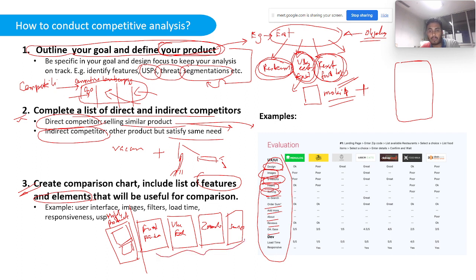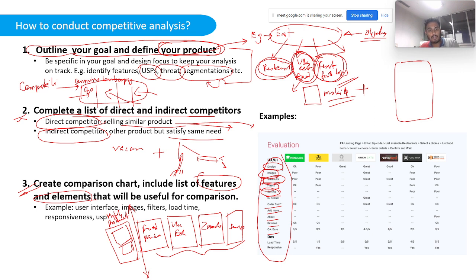Like that, you first select a set of features which you will be using for competitive analysis. Now, here I would like to say that benchmarking is one particular aspect of competitive analysis which we do when we try to compare our product with the competitive product, or we try to compare a previous version of our product with the next version.